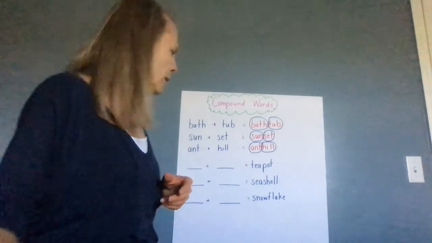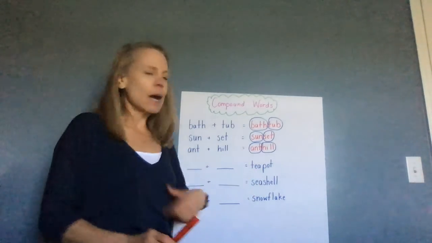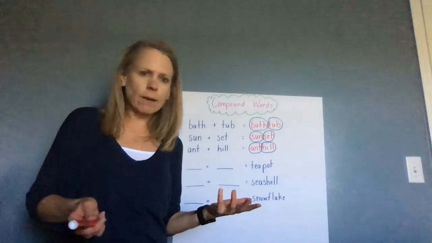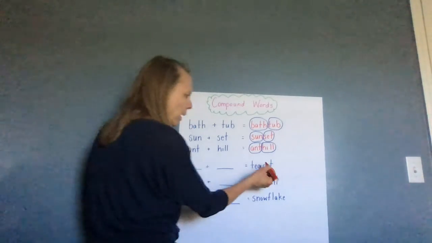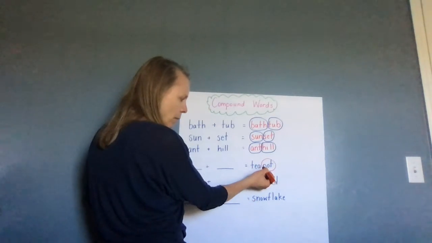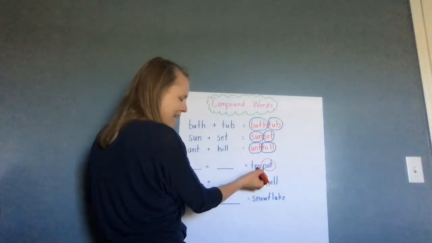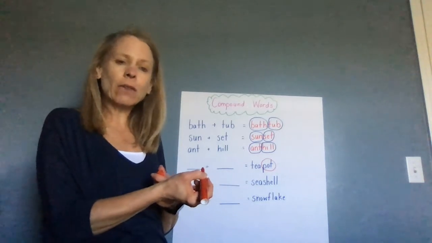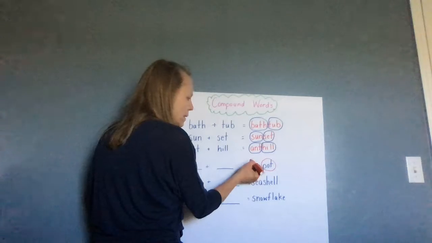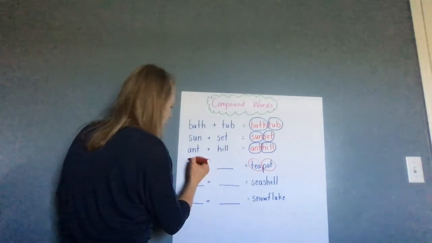So let's say that we look here at this word. I'm going to, in my head, think, what is a word that I recognize or see right away? Well, I see the word pot right away. And then I look at the other part and I can see that E-A together. And I remember when I have E-A together, I have that long E sound. So I have the words tea and pot.